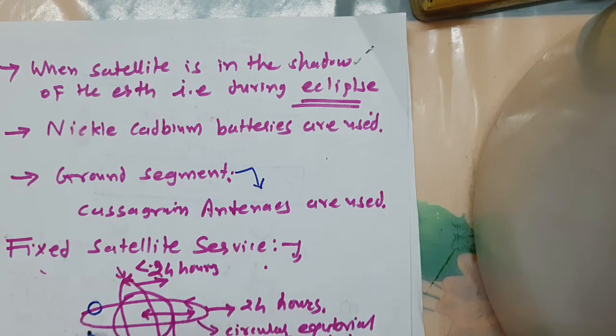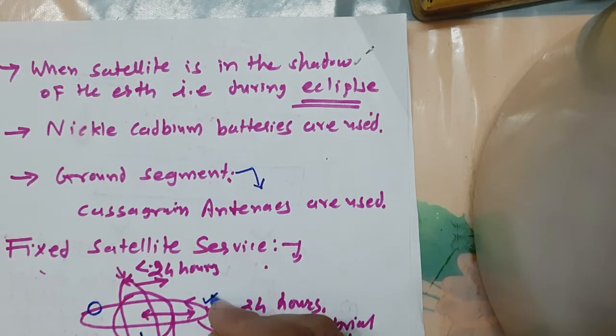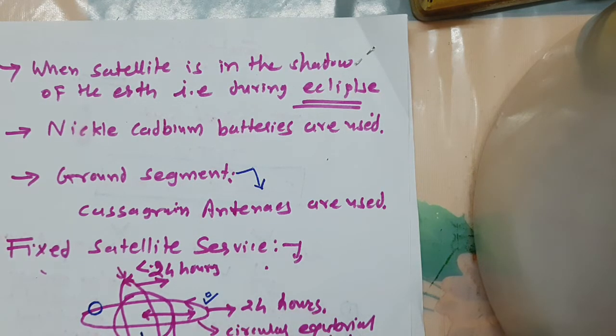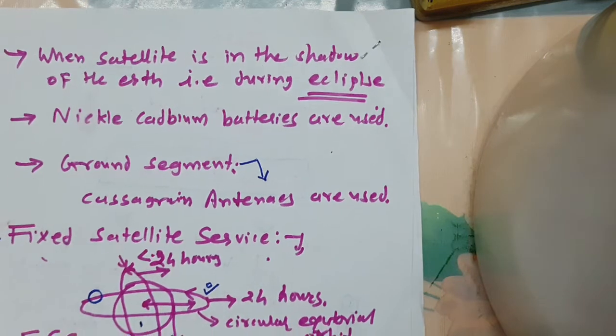So when a person is on the earth, the satellite remains stationary for these 24 hours. We can imagine the satellite is in stationary condition. This orbit is very much important. It is 36,000 kilometers away from the earth, which is also known as the geostationary orbit.